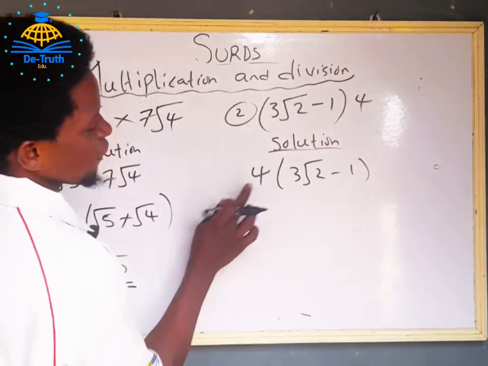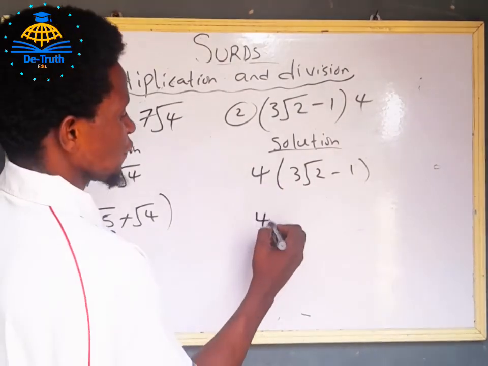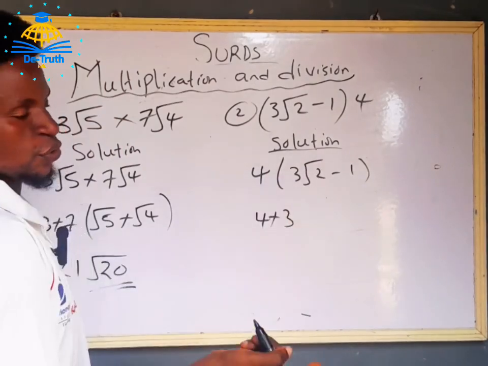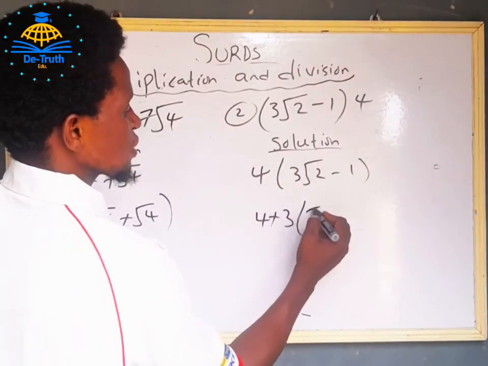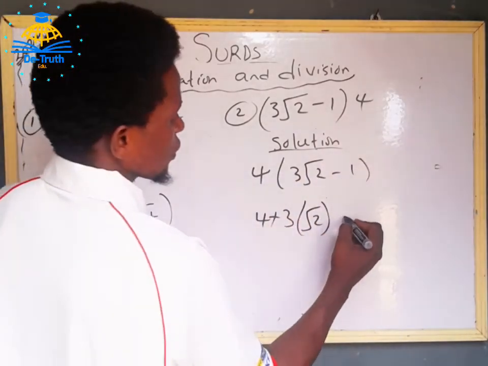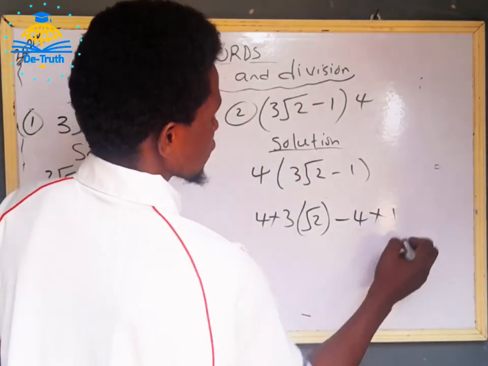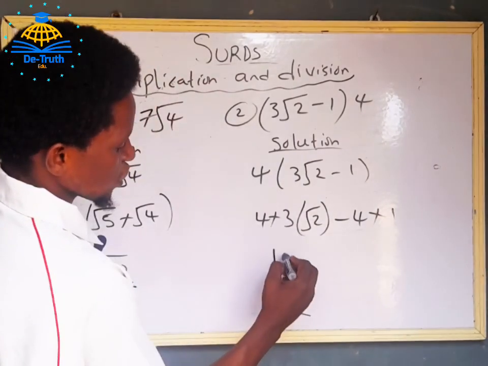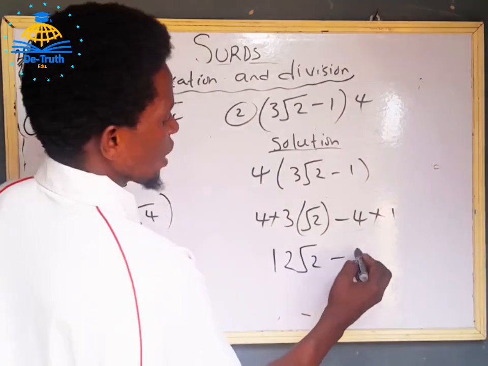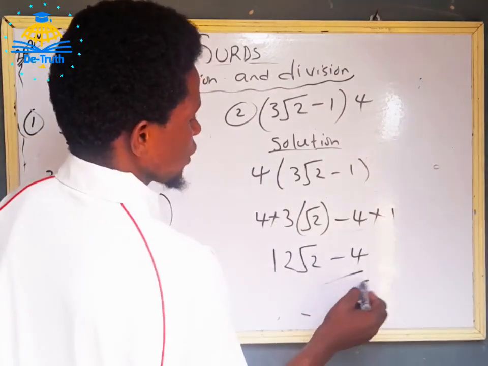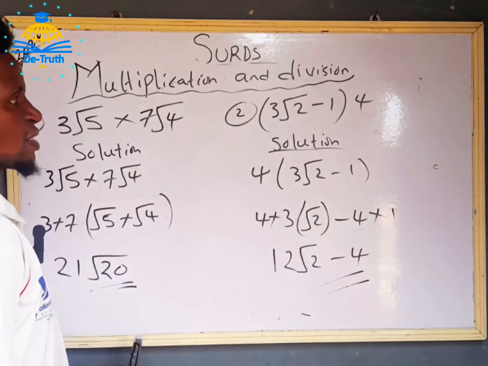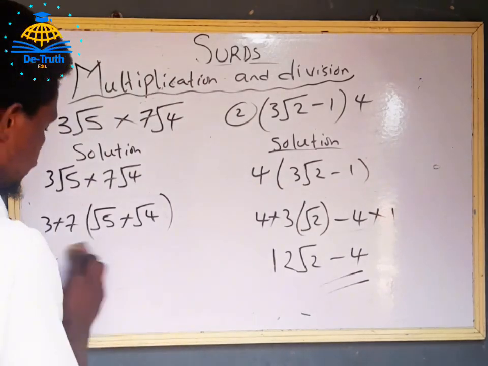So now 4 times 3, then this is root 1, 4 times root 2. So times root 2, then 4 times minus 1, that is minus 4 times 1. So this will give us 12 root 2 minus 4. As simple as this. That is multiplication of surd.